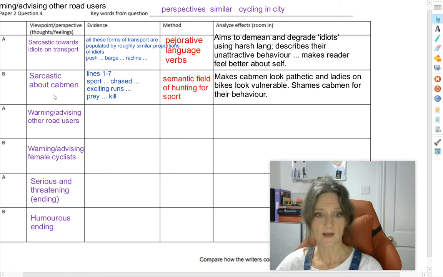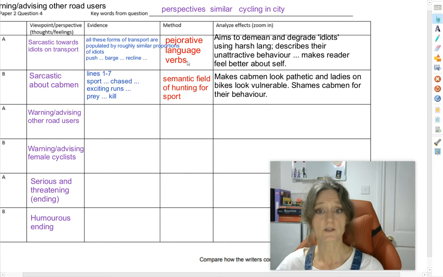So linking that back, I've found some evidence to support this sarcasm. "All of these forms of transport are populated by roughly similar proportions of idiots." That's what he says. He's really blunt. I've called that pejorative language. So pejorative means when you deliberately use language to make something sound harsh and to show that you are not approving of that kind of behaviour.